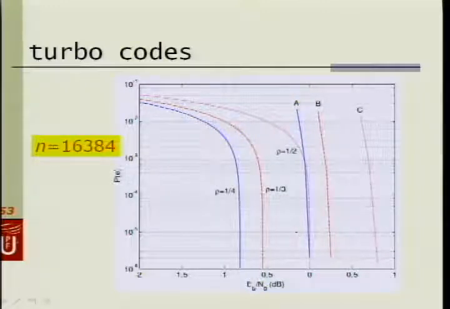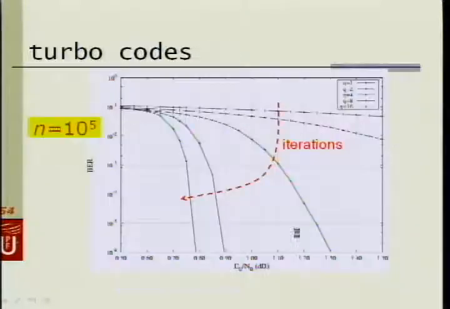These are not the world record of coding, but this is what we can get with a relatively small block length. If you have a block length of millions, then you can get something better. Anyway, this is more realistic. This is a simulation curve showing what happens with block length 100,000, with 1, 2, 4, 8, and 16 iterations.